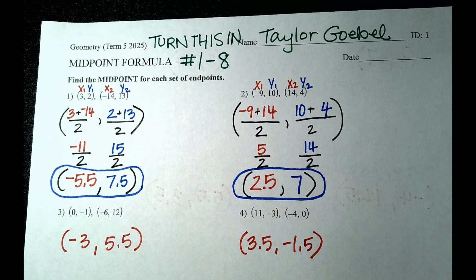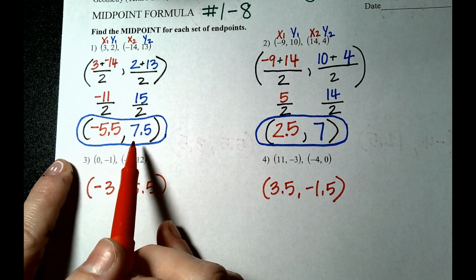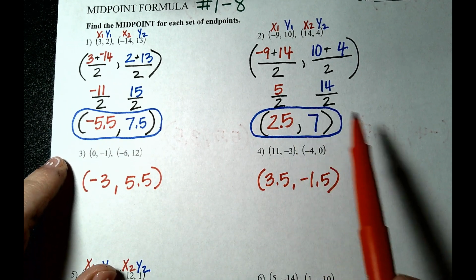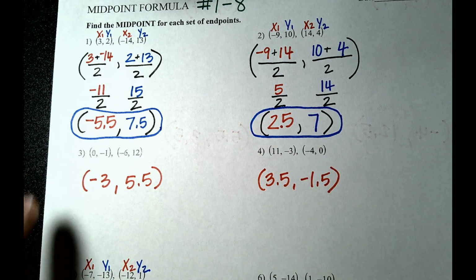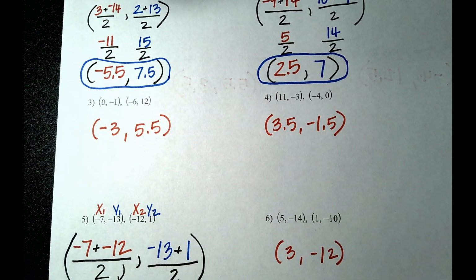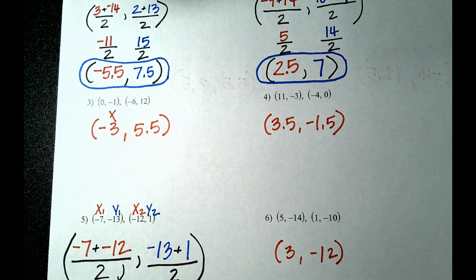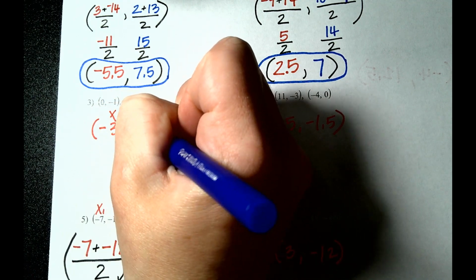Okay, so number 1 we did together. We got negative 5.5 for our x, 7.5 for our y. Number 2 we did together as well, 2.5 for the x and 7 for the y. Number 3, x value is negative 3, y value 5.5.